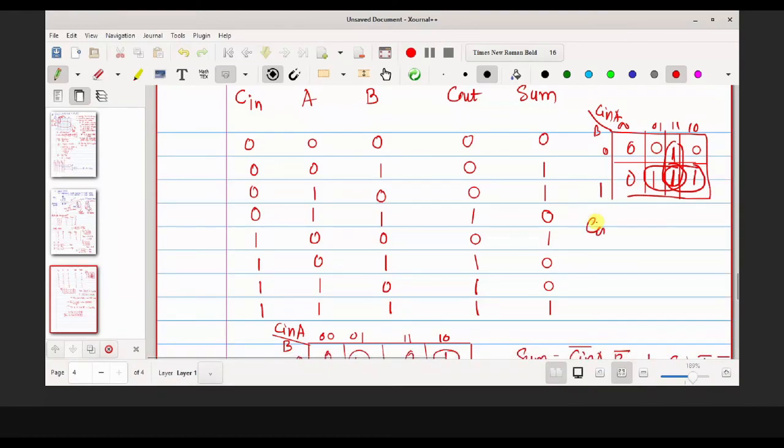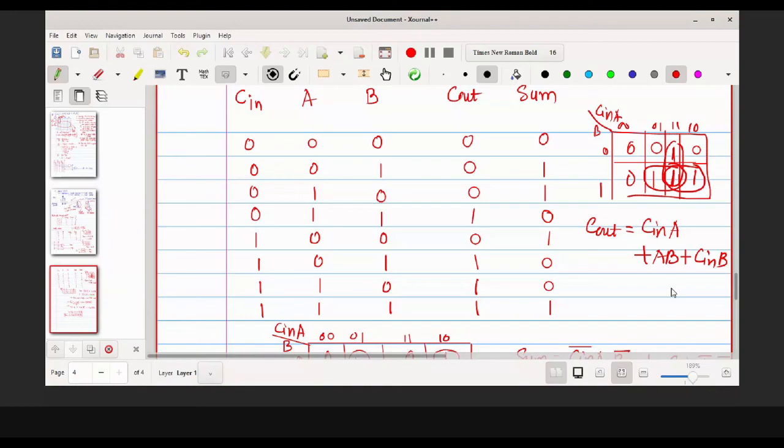Now, simply I will write C out. So it is C in A plus AB plus C in B. So this is AB, then C in A, and then C in B. This is your C out.